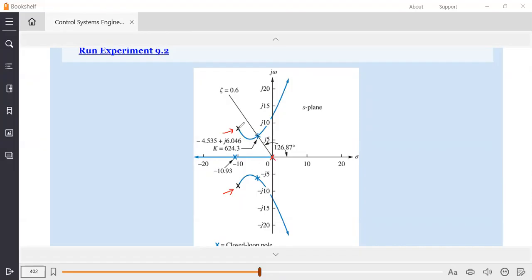Again you have to draw the root locus, and you also have to consider the angle of departure, which will give you hints on how to do it. One will be going at 60 degrees, one at 300 degrees, and the other towards 180 degrees. Now you have to draw that constant zeta line, and the intersection point is your closed loop location.